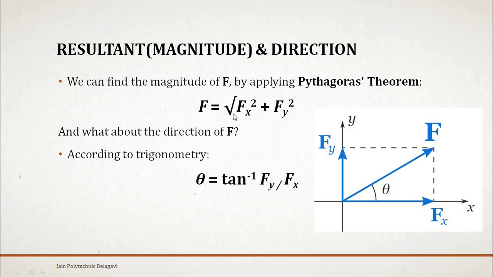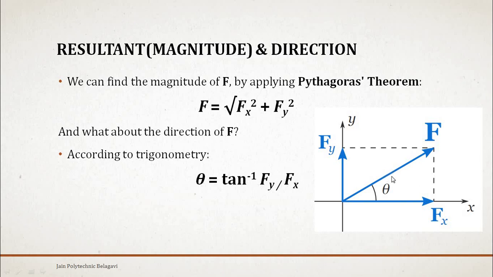This has been derived by Pythagoras theorem. Consider this Fy, if you shift it to the right side at the end of Fx, it will form one triangle here. Pythagoras theorem says this is the opposite side, this is the adjacent side and this is the hypotenuse.